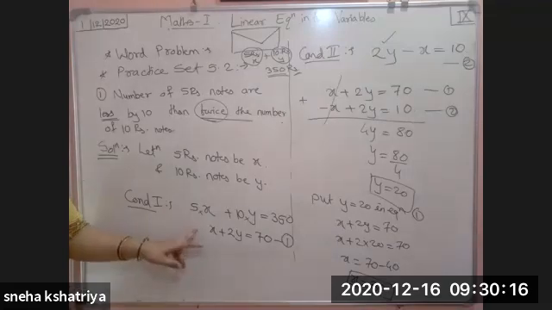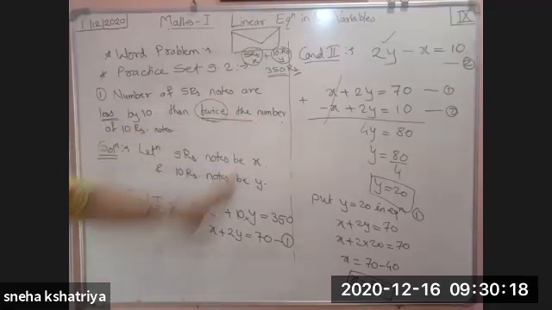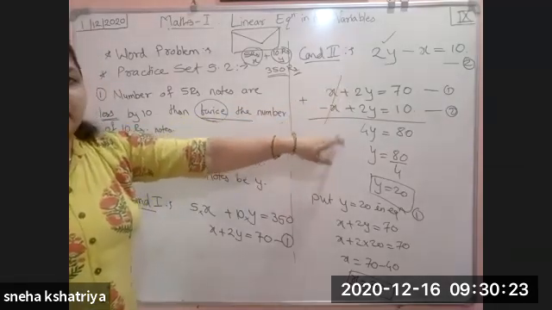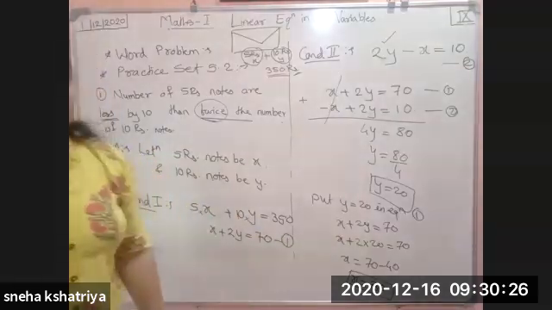So this is your first condition, and this is your second condition. We have considered both the conditions. Write them in the proper form. We took the elimination method, solved, and found the values of x and y.